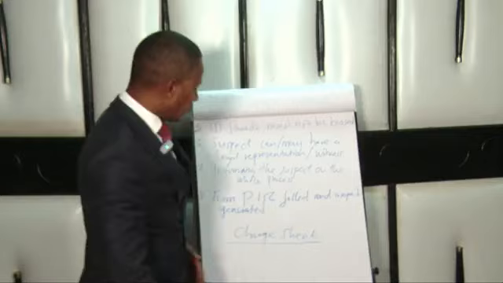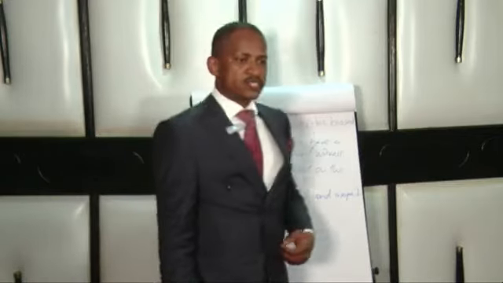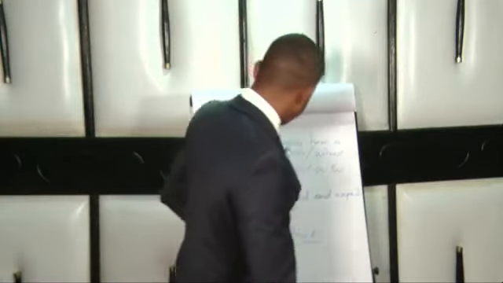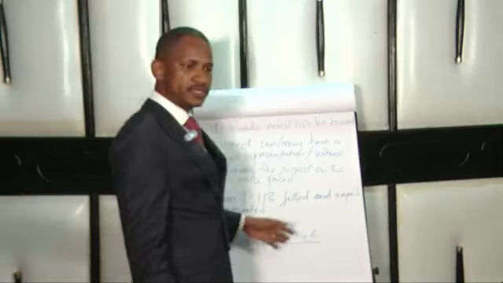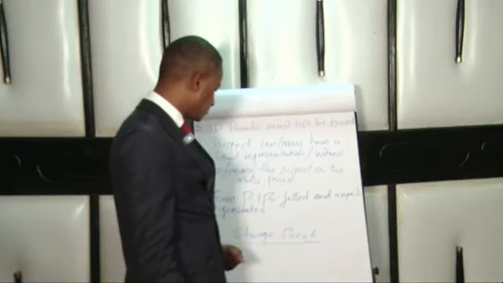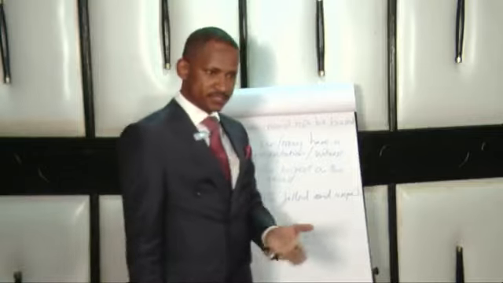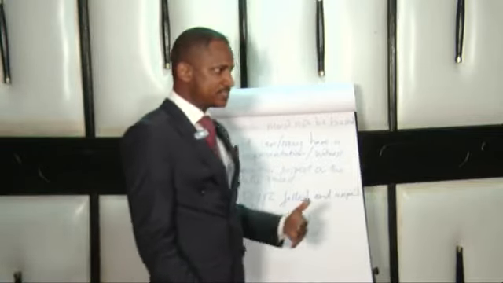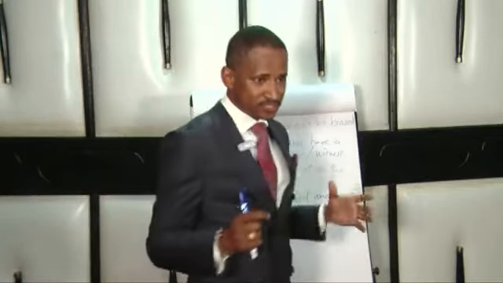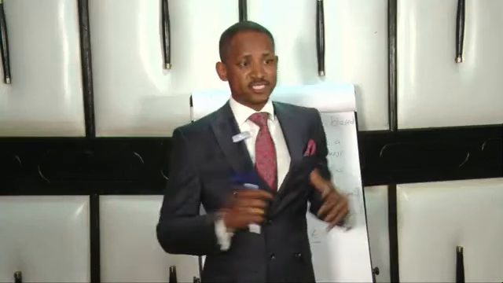Now, Article 157, as enshrined in the Kenyan Constitution, states clearly that it is the office of the DPP that shall charge, not the police. But in the Kenyan system, it is the police that draft a charge sheet and take it to the DPP for approval.